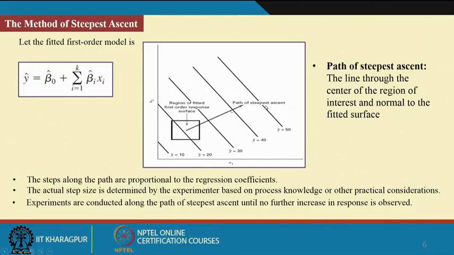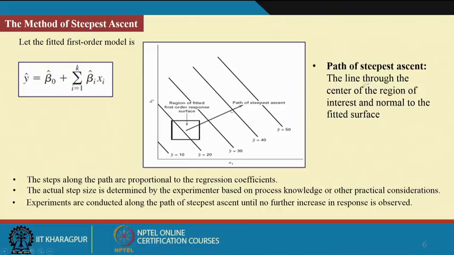Now, from the contour plot you know that you should go in this direction, but what is that direction? First, where you are operating, you have the origin. From the origin you take a perpendicular towards these contours, which are all parallel lines forming a surface. So you move perpendicular to that surface from the origin, normal to the fitted surface.